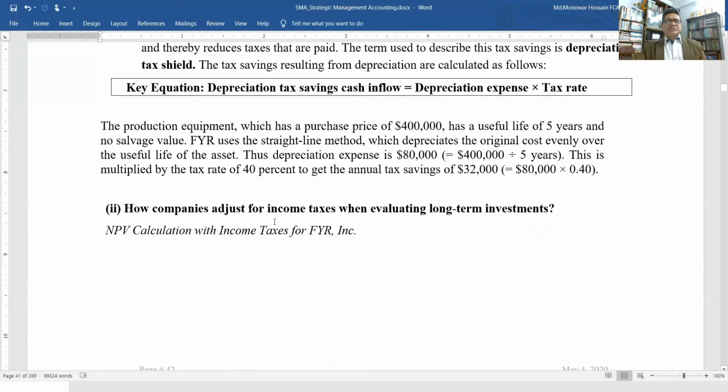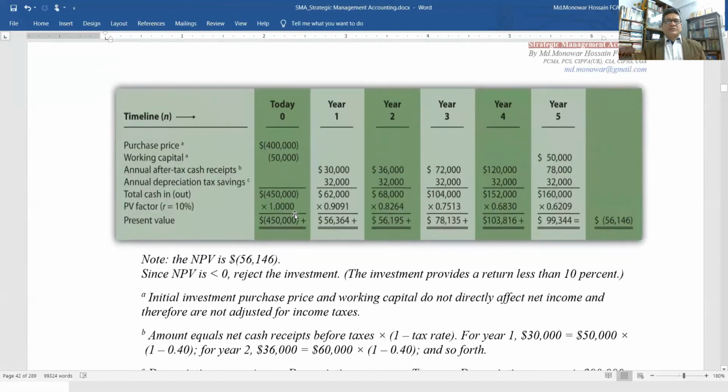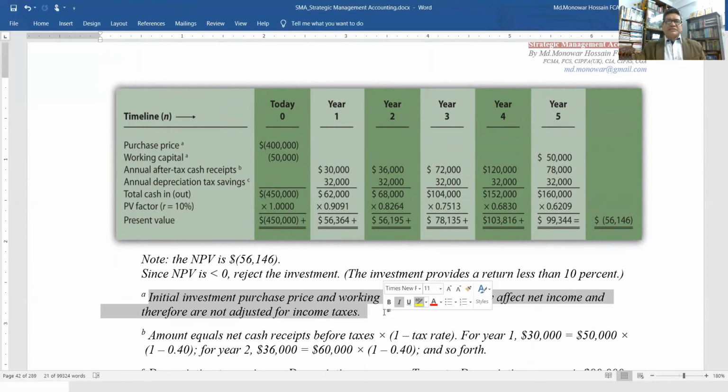And the calculation, NPV with income tax for FYR. Look here, the purchase of the machine, the initial investment purchase price, and working capital do not directly affect net income and therefore are not adjusted with income tax. So the purchase price of the machine is 4 lakh, working capital 50,000.